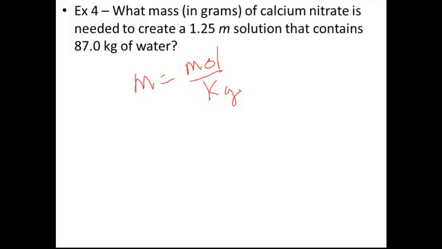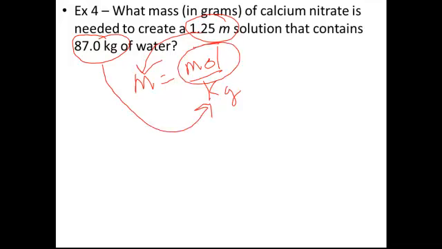Okay, let's see if we know this. 1.25 molality, that's going to go here. 87 kilograms of water, that's going to go here. And what are we missing? We're missing the moles. So let's find moles. We're going to multiply both sides by kilograms, so moles are equal to the molality times the kilograms.